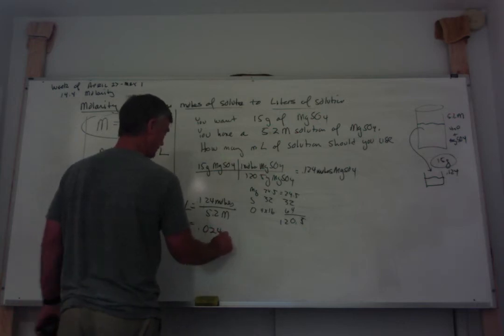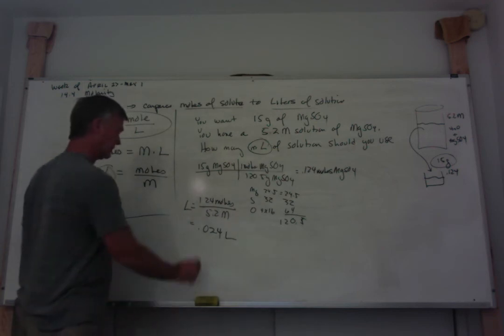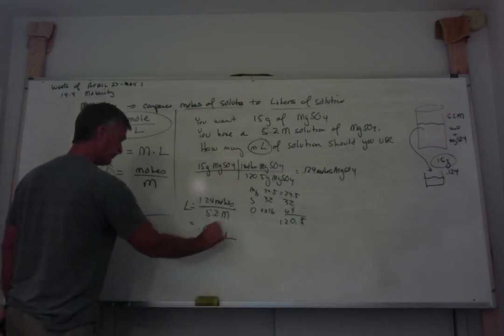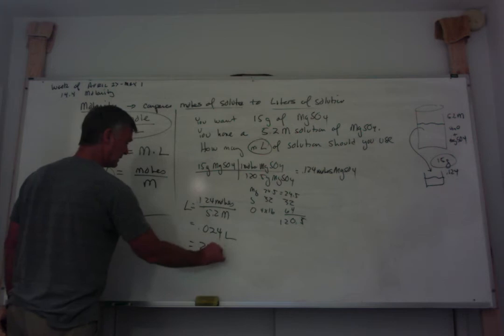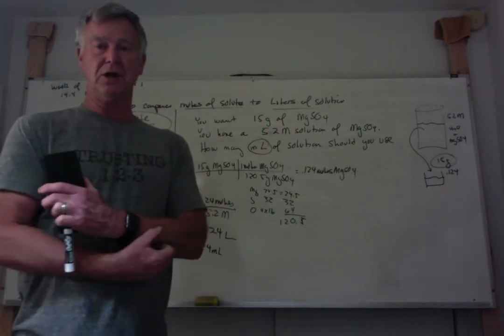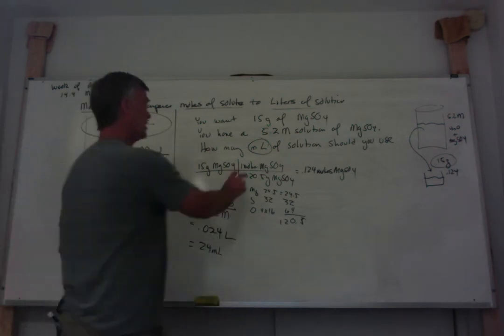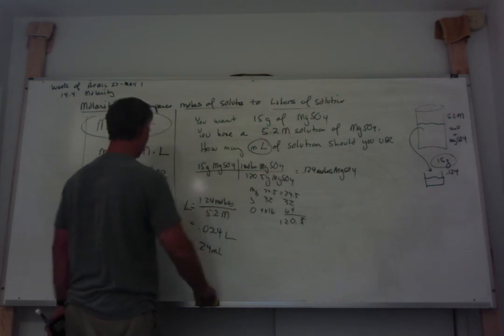And then be careful, this is 0.024 liters. What did they ask for? They asked for milliliters. So this would be, move it over 3 places, 24 milliliters. And again, this is something that I use a lot when I am preparing solutions for you guys. I figure out how much I want and work backwards to it.